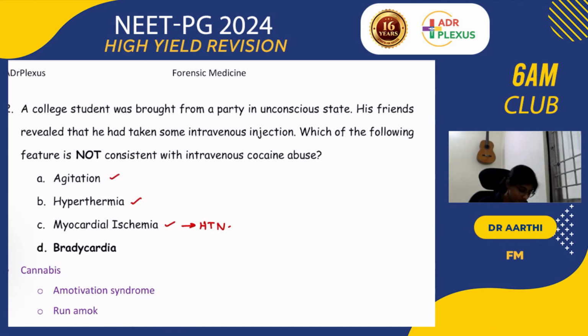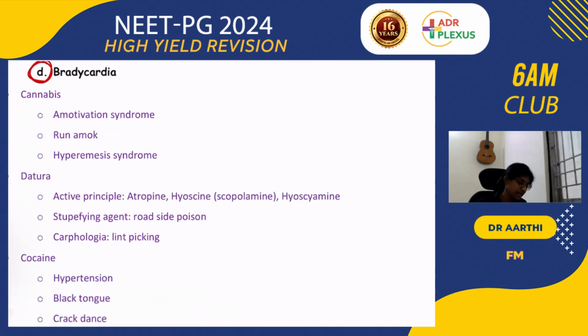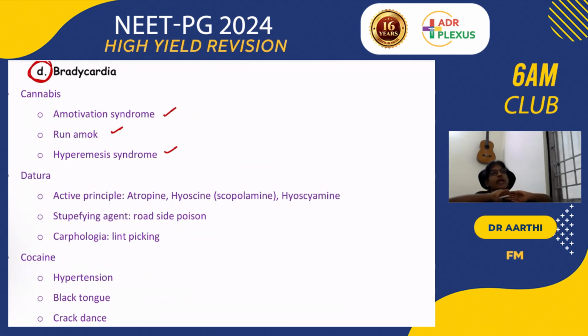All of these we are talking about are cocaine, right? There's going to be tachycardia over here instead of bradycardia. So it's not consistent with it. So, just again a quick revision. Cannabis: run amok, hyperemesis, amotivational syndrome. The patient doesn't want to do anything. All of these are seen in chronic use.